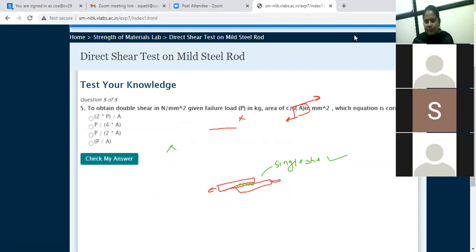We will see the next question. Okay, this is the last question. To obtain double shear in Newton per mm square, given failure load P in kg and area of cross section A in mm square, which equation is correct? 2P upon A, P upon 4 times area, P upon 2 times area, P upon area.